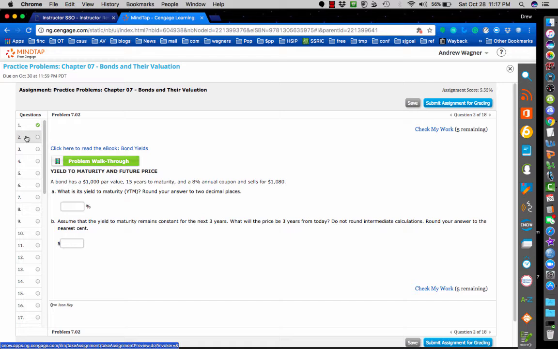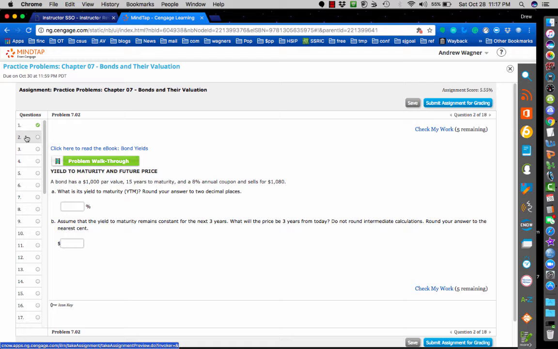Okay, what are we looking for here? It sells for 1,080, so I'm going to put in 1,080 for present value. I'm going to make it negative because there's 3 inputs that would have dollar signs in front of them, PV, PMT, and FV. One of those needs to be negative. I'm using a Texas Instruments BA II Plus, as it says in the syllabus.